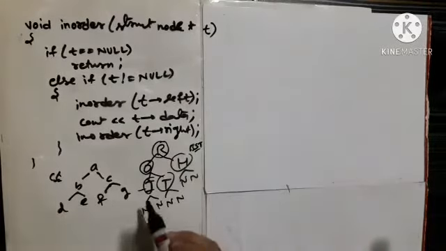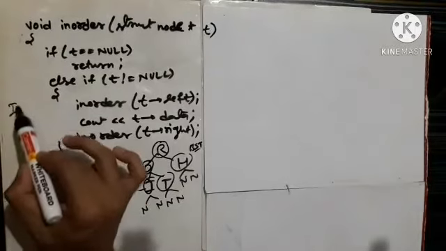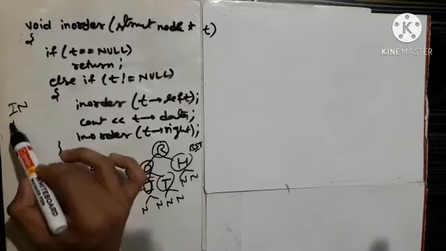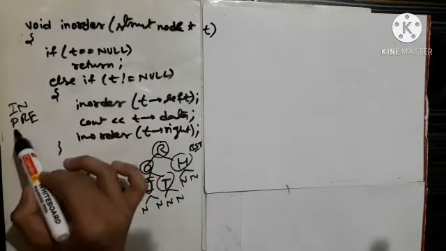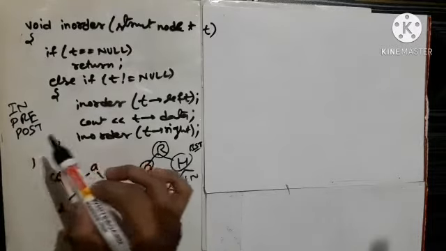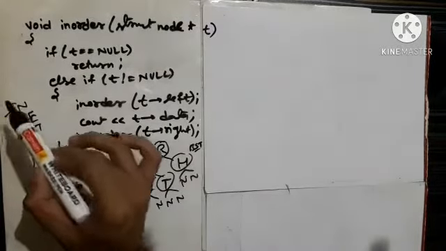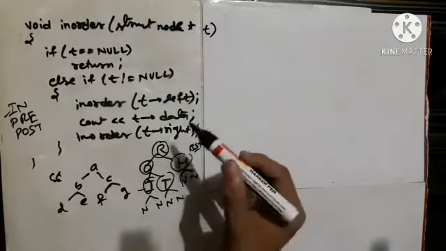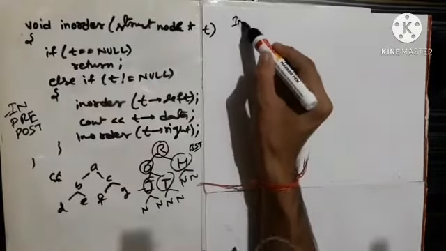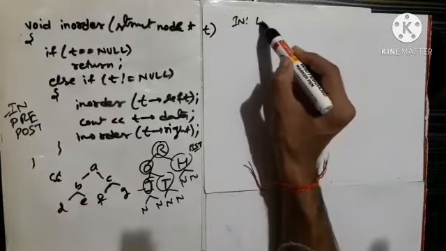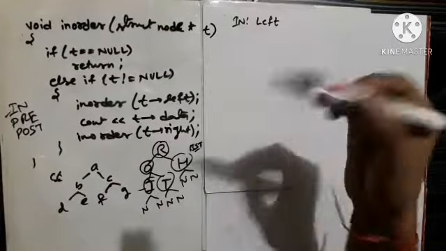First one is in-order traversal, second one is pre-order traversal, third one is post-order traversal. In this video we are going to discuss only in-order traversal. In in-order traversal, first we have to print the left part of a particular node.